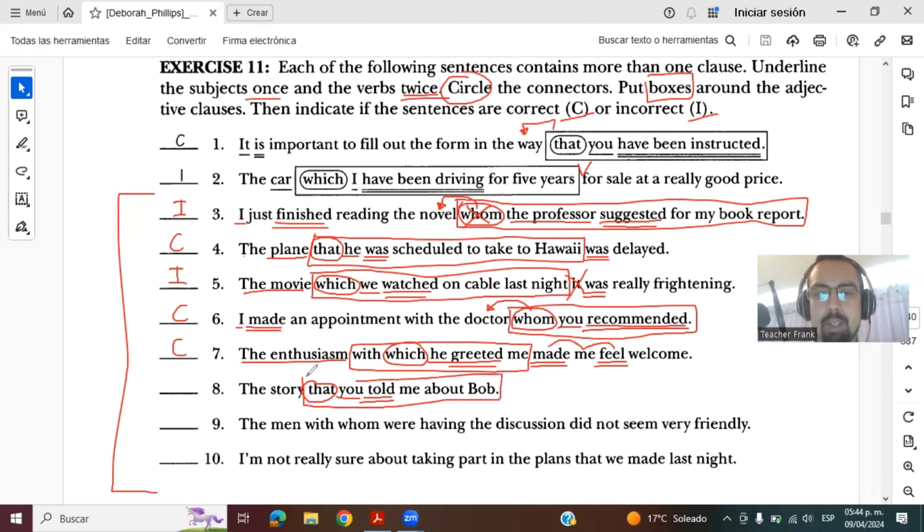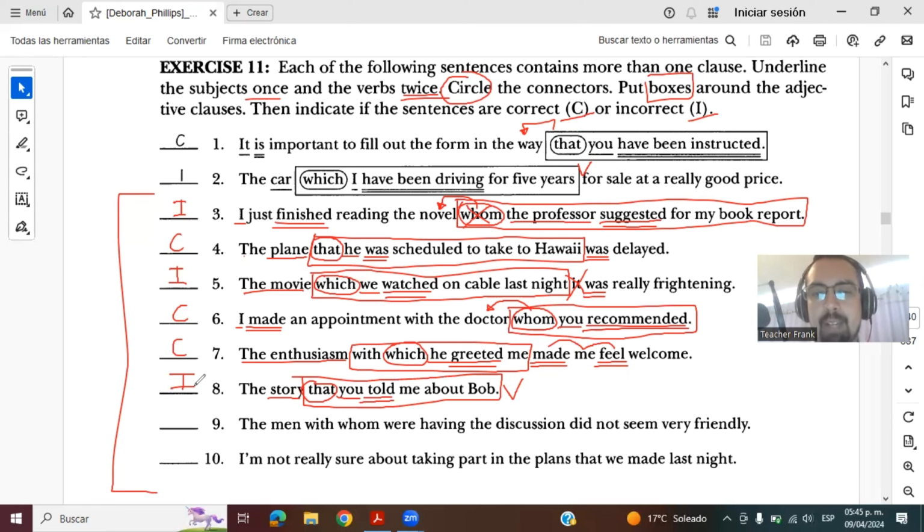All of that would actually be my adjective, the story. So this is like number 2. It's incorrect because we're missing the next part, right? What story? Let me just verify. Missing verb could be was funny, something like that. The story was funny. The story that you told me about Bob was funny or something, right? So we're missing the verb in this case.